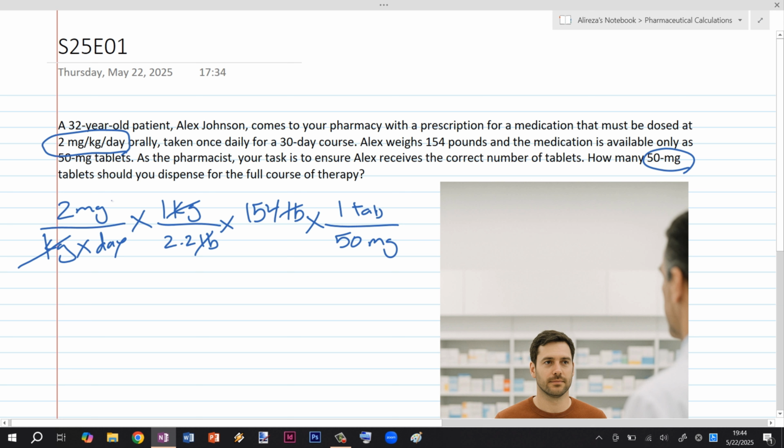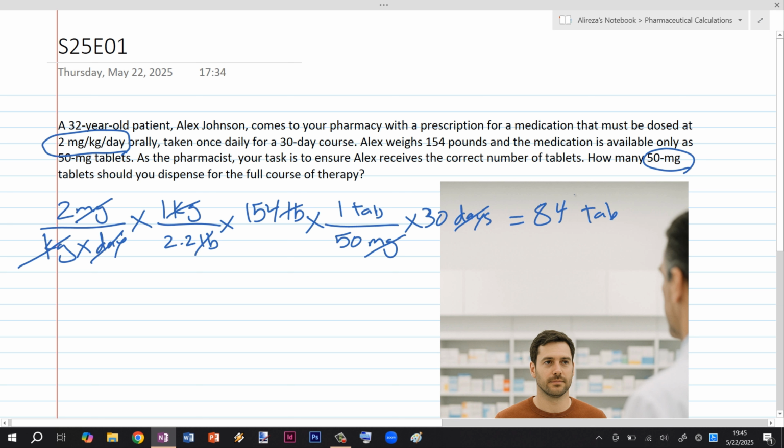This milligram cancels out with this milligram, so the only thing that's left is for how many days, and we are going to do 30 days. So if you multiply this by 30 days, days will cancel, and then you will get essentially 84. If you type this into your calculator, or if you do it by hand, you should get 84 tablets.